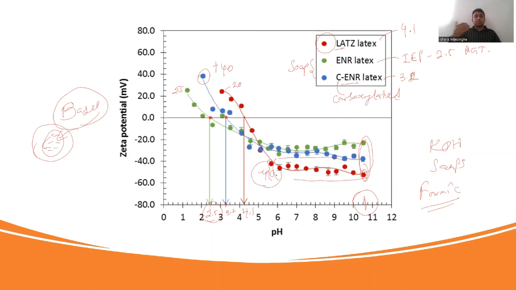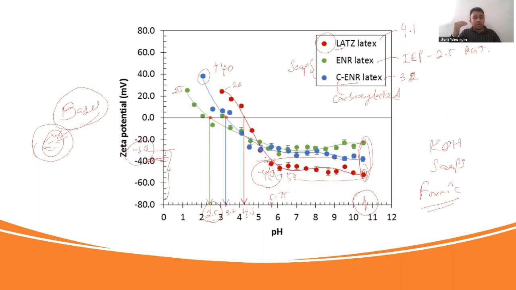Although I add acid, the zeta potential is still minus 40, still around minus 40 to 50, right? Even up to pH 5.75 like that, it remains stable. The zeta potential is a high negative value, beyond minus 40, and beyond minus 30 even. So it is stable.